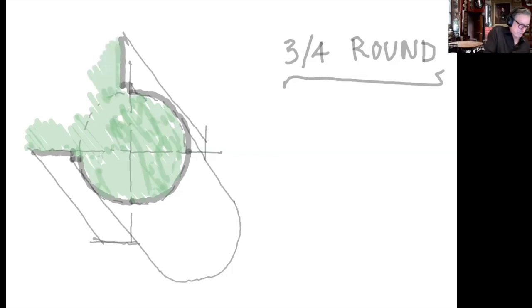But that's the 3/4 round. Okay, let's go learn a little bit about this molding.